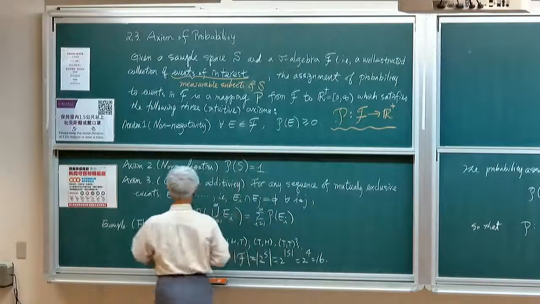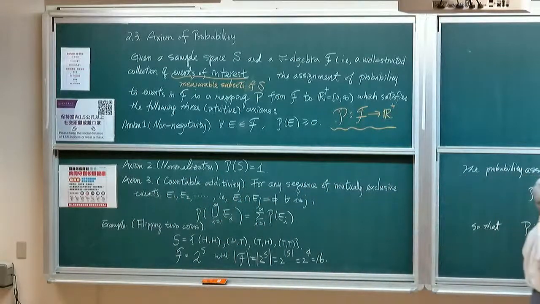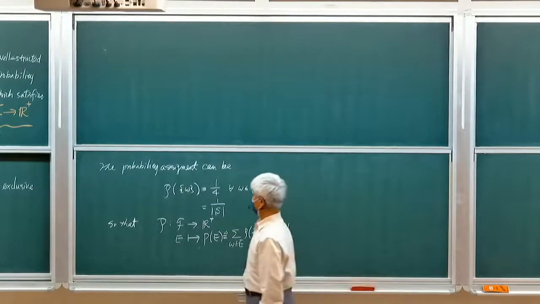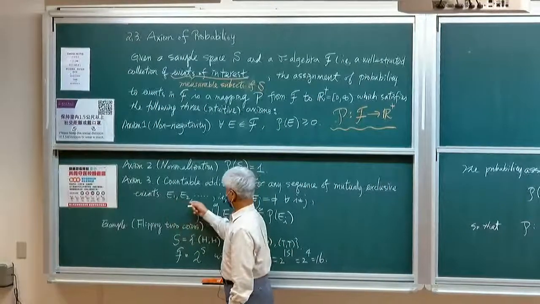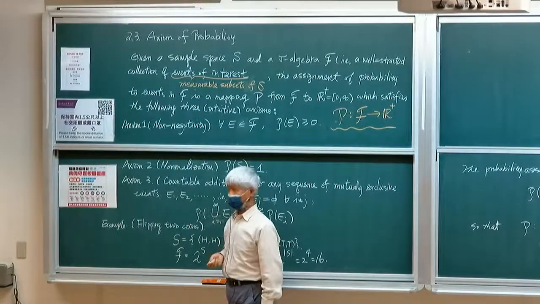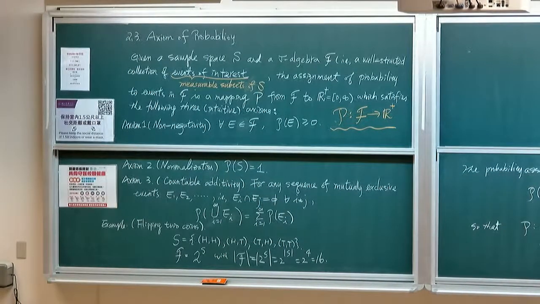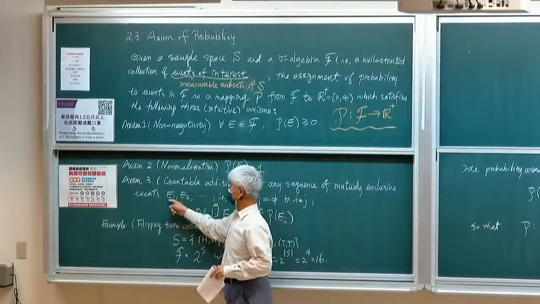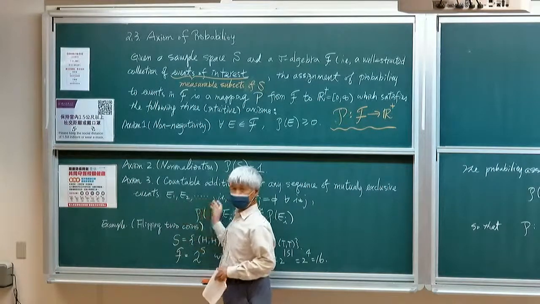Well, consider any sequence of mutually exclusive events. You can see the sample space has only 4 possible outcomes. So in such a sequence, except for the first few events, all other events should be the empty set.